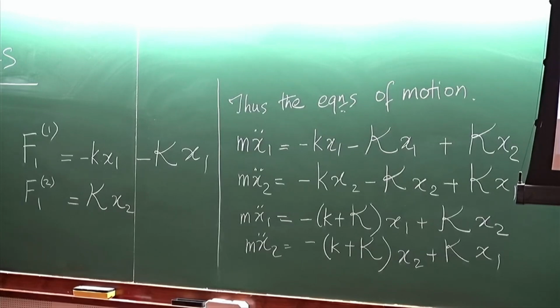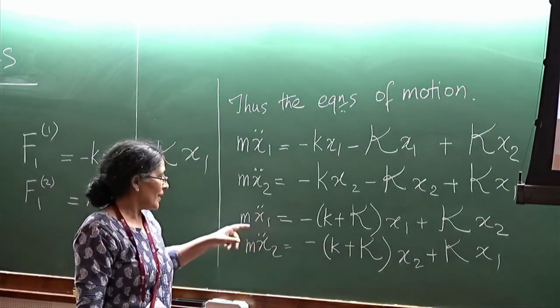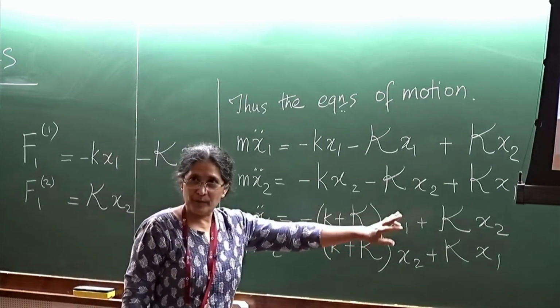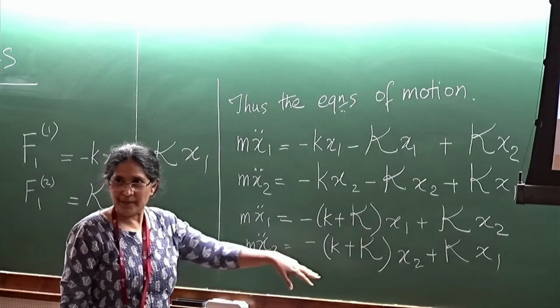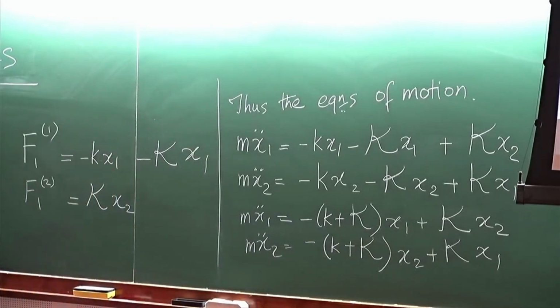But what is the feature that appears to make it somewhat complicated? Yeah, they're coupled. The equations are coupled. So the x1 equation involves both x1 and x2. Likewise, the x2 equation involves both x1 and x2. So can you suggest a method by which I can simplify this problem?